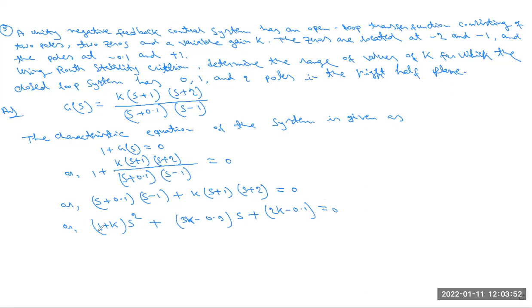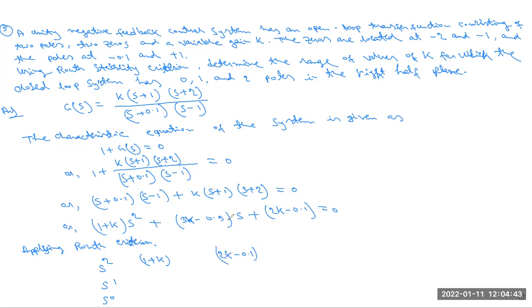Now we have the characteristic equation, and we apply the Routh criteria, or Routh-Hurwitz criteria. The highest power is s squared, then s to the 1, then s to the 0. In the s squared row, the entries are 1 plus K and 2K minus 0.1.